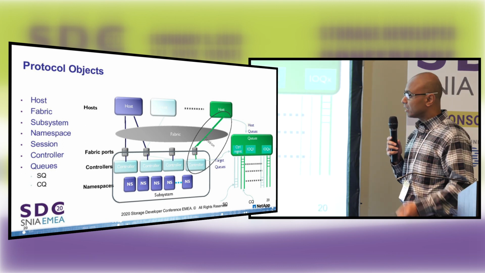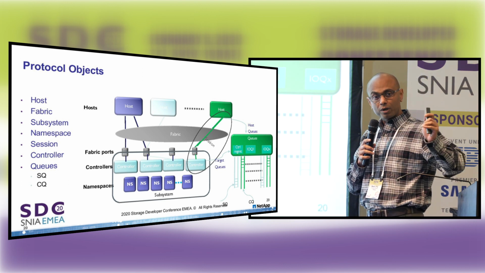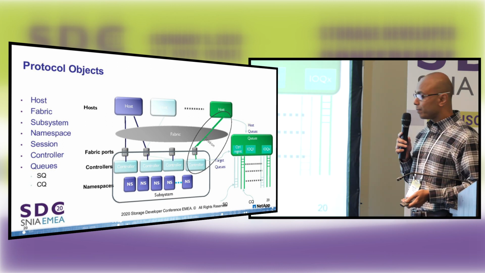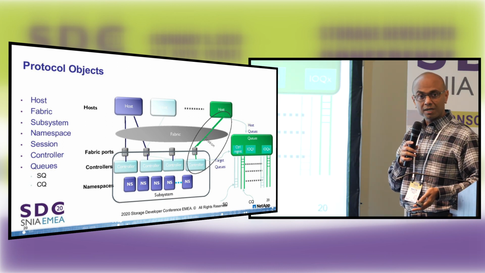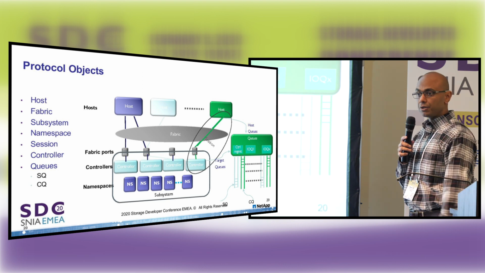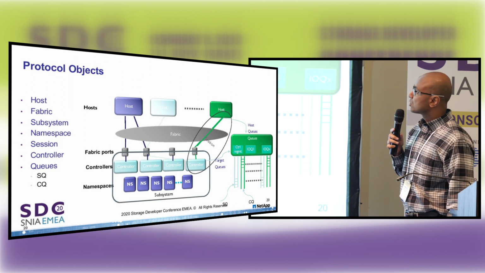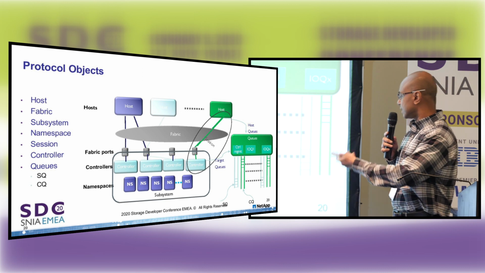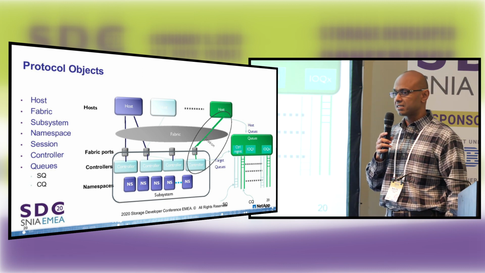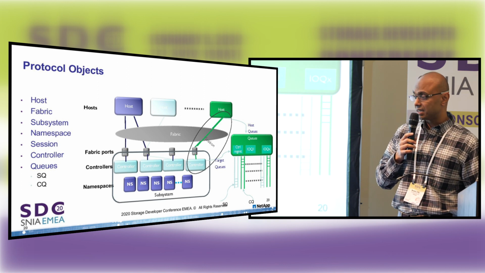The NVMe over fabrics specification mirrors the core NVMe specification in that the controller has an admin queue for administrative commands and a bunch of IO queues, which run in parallel for all the IOs that you need to run. There's a submission queue and a completion queue. It's the same whether it's an FC transport or an RDMA transport, or tomorrow a TCP transport.